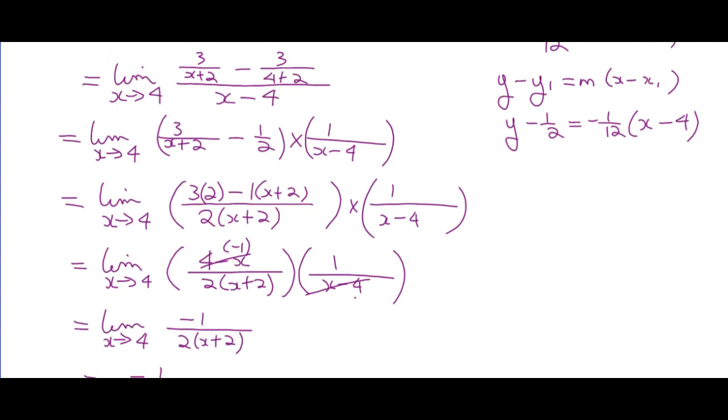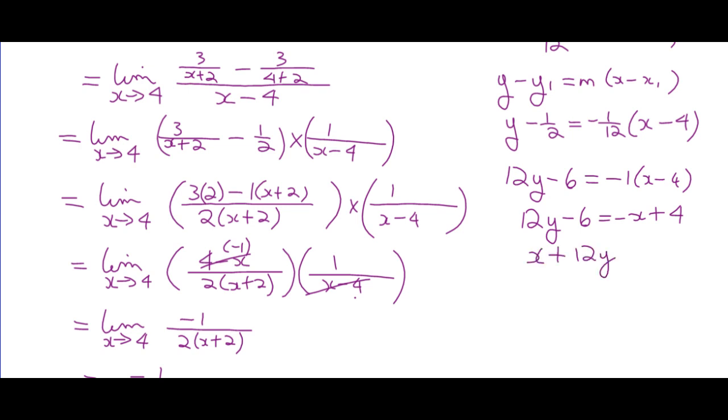So 12y minus 6 is negative 1 times x minus 4. And what do we get? x plus 12y minus 10 equals 0. Yeah, I think that's it.